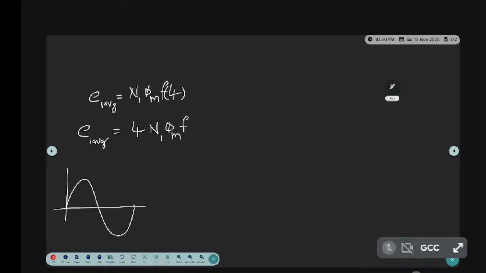Is there any relation between RMS value and average value? Yes. What is that relation? Form factor. Form factor can be defined as the ratio of VRMS to VAverage, or IRMS to IAverage.